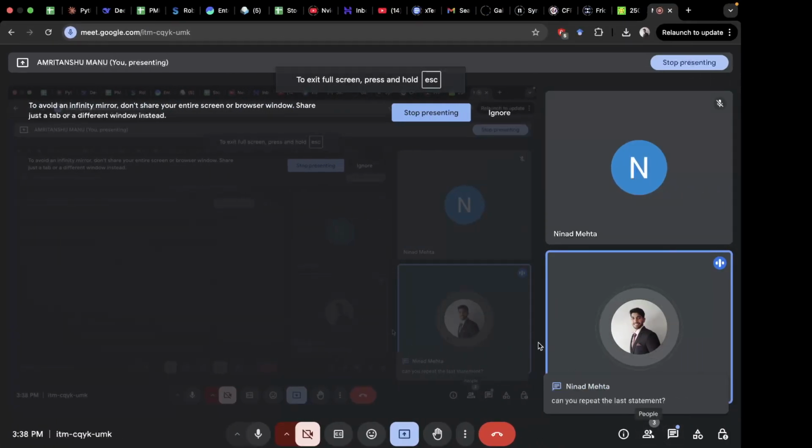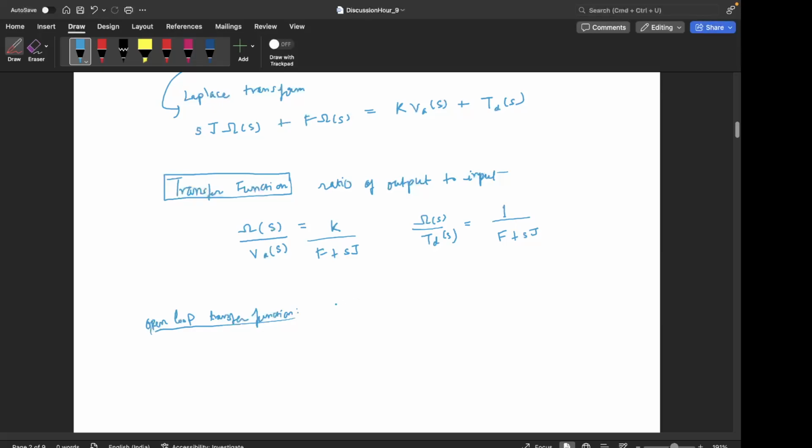So what I'm saying is that we will now back our argument that it is better to have a closed loop controller with feedback than an open loop controller, by showing it mathematically: if there is any change in the system parameter, or an external disturbance that the system faces, then its effect is much less in the case of a closed loop controller than in an open loop controller.